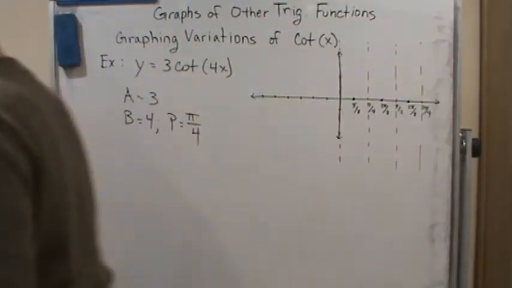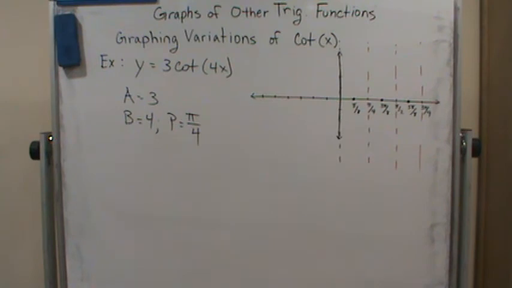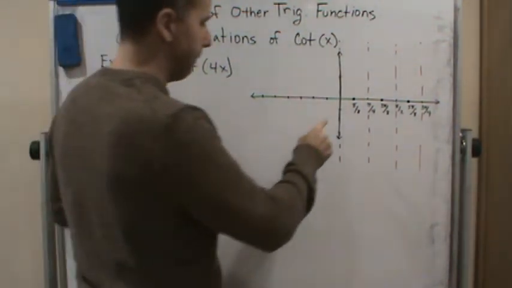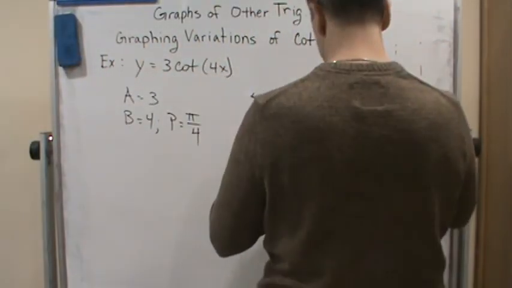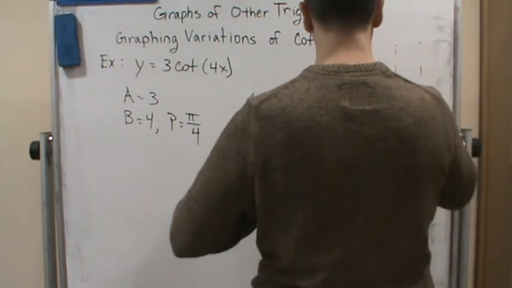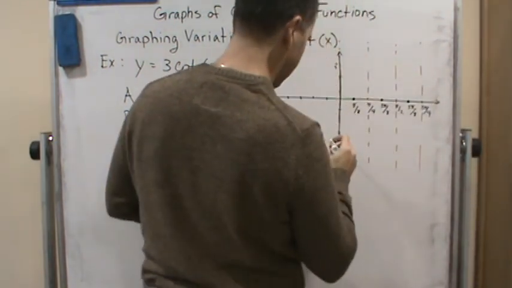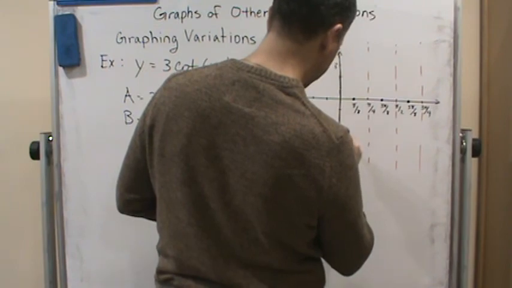Okay, and so my first one is going to be right here, pi over 16 and 3. So I'm going to put my 3. So 1, 2, 3. And I'm going to do -3.